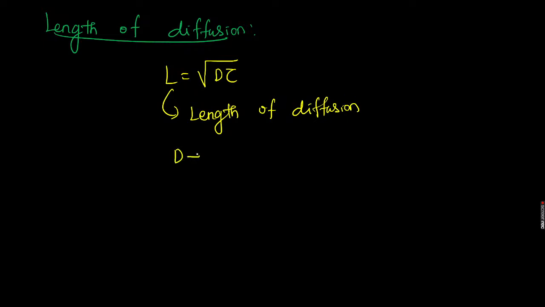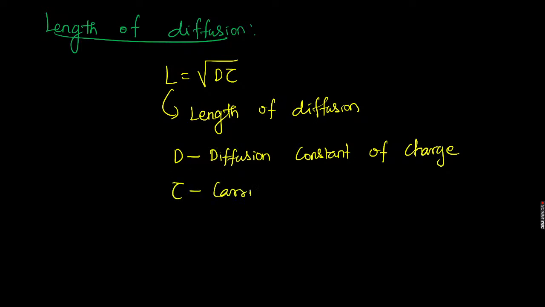Similarly, D denotes the diffusion constant of charge carriers. Similarly, tau denotes the lifetime, that is charge carrier lifetime, how long it will carry the charge.